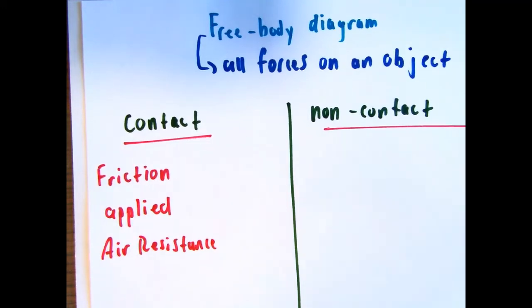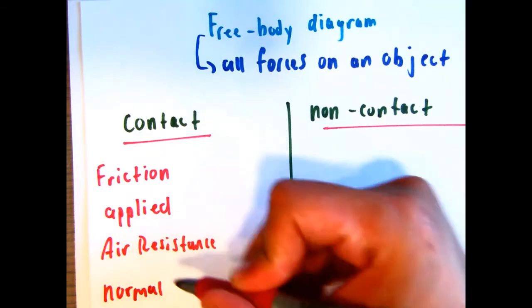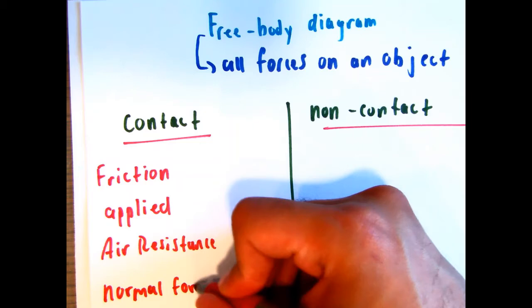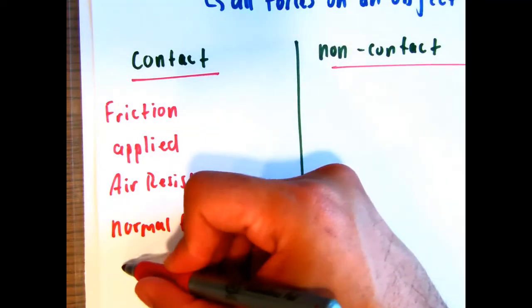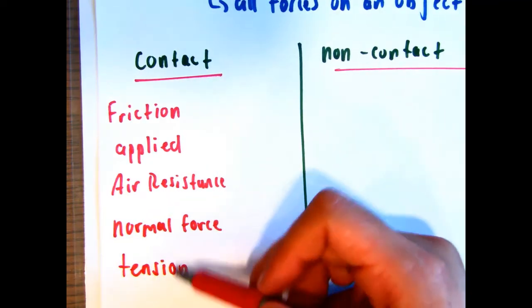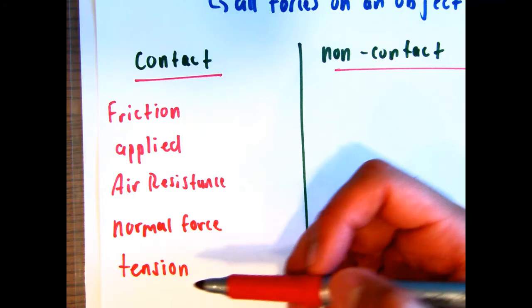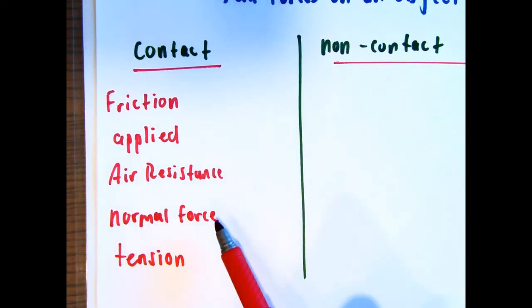Then we have normal force, which is probably one that you haven't heard before. And last of all, we have tension. Tension is just a force in a string or a rope. For example, if two people are playing tug of war, the reason you get pulled is because of the tension in the rope. And normal force is the force that acts on an object due to it being on a surface.